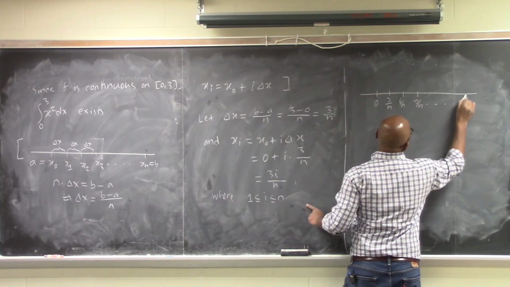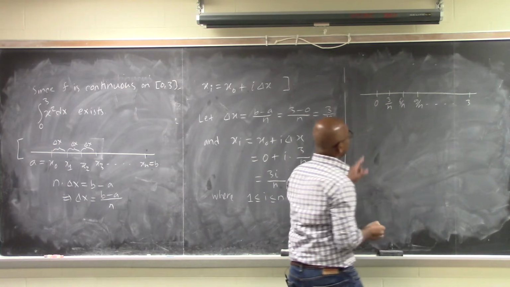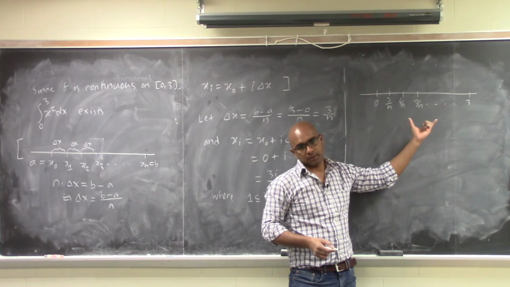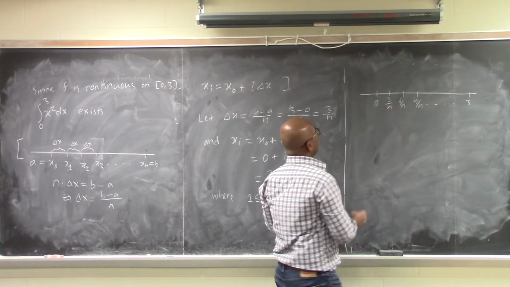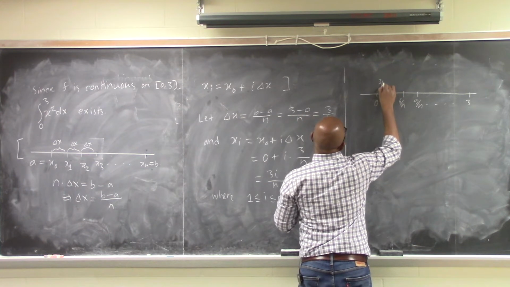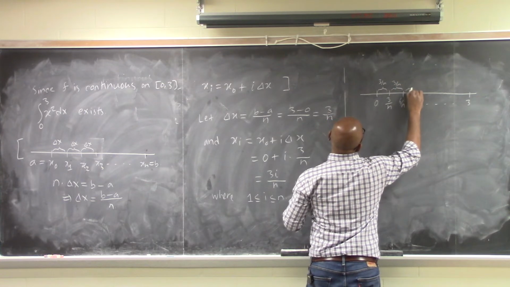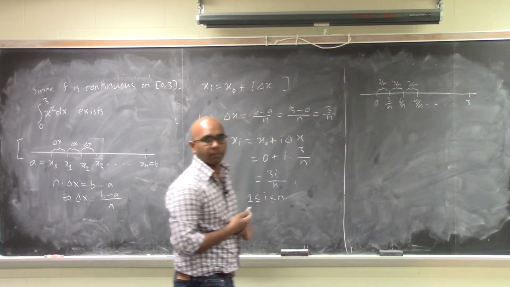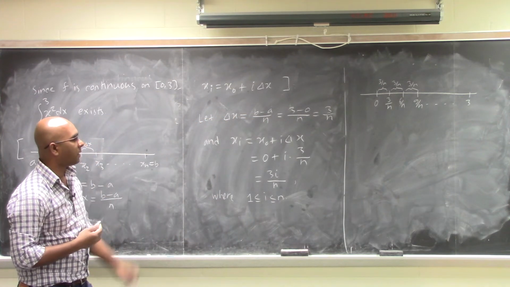And finally you plug in n, you get 3n over n, which is just 3. Okay? So this is the partition of the interval we are talking about. Right? And all those subintervals have length 3 over n. That's what it is. Okay, so that's the partition, right?